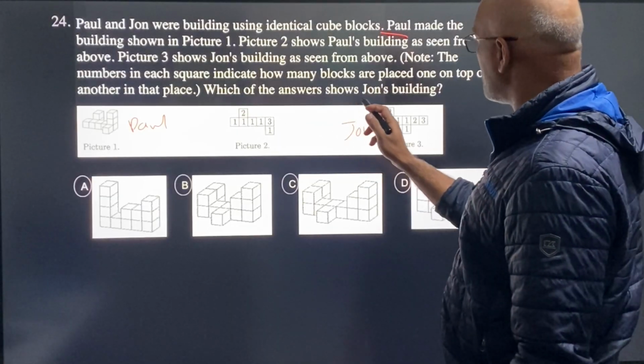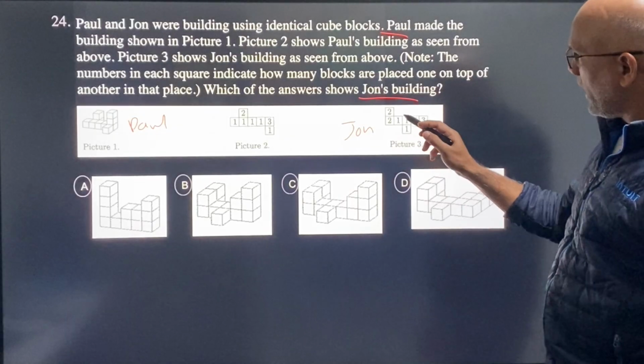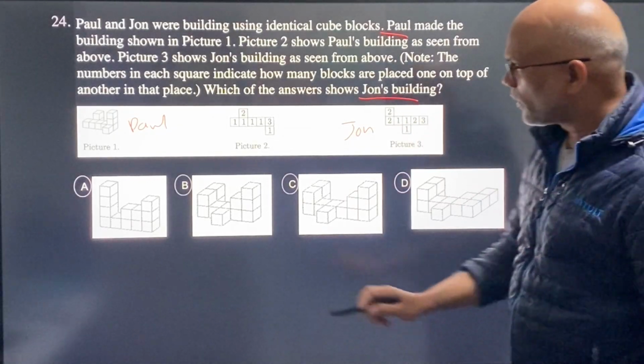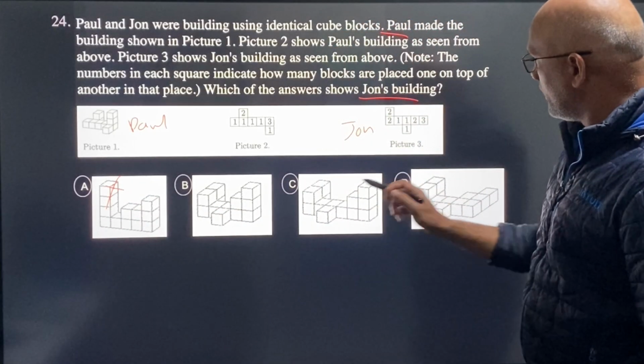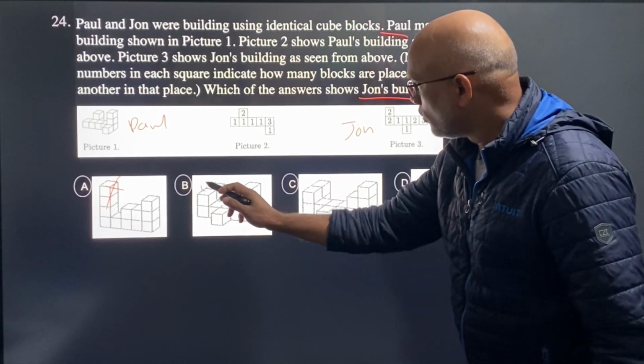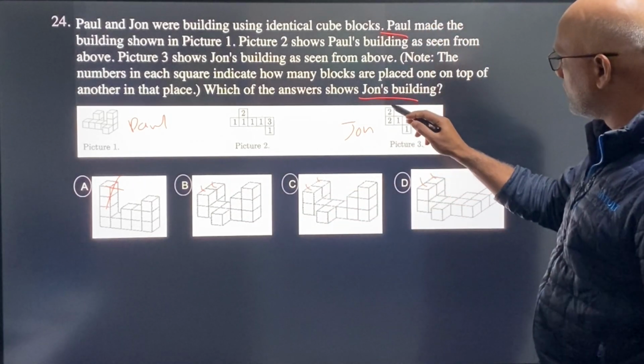Which of the answers shows John's building? Alright, so we need 2 and 2 stacked together. Here I have a stack of 4, so this is not going to work. This says 2, 2, this is fine. 2, 2, this is fine. 2 and 2, this is fine. So this checks.